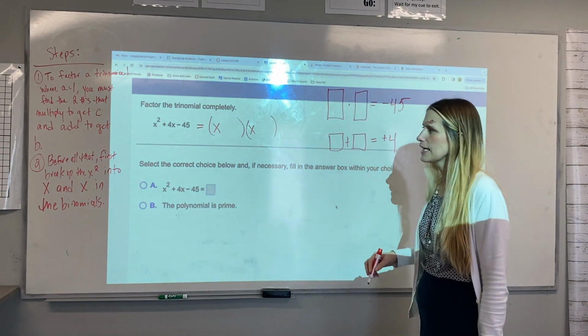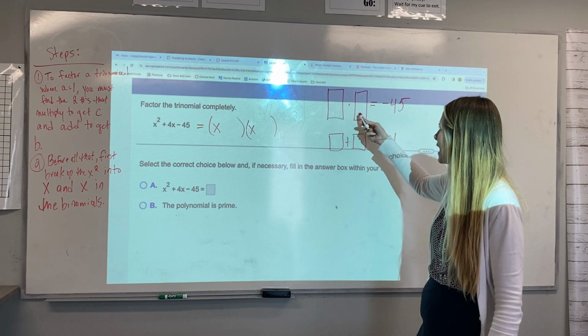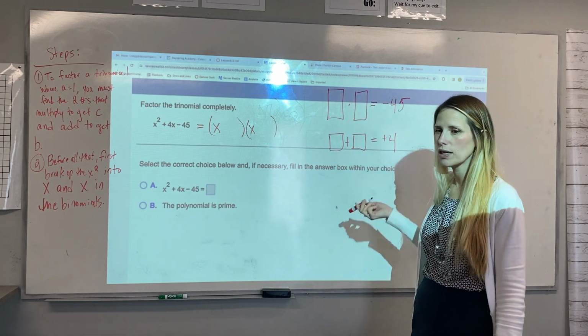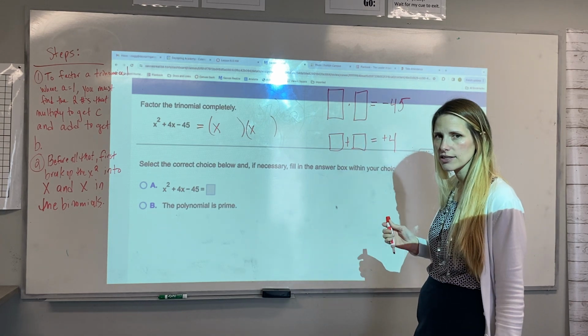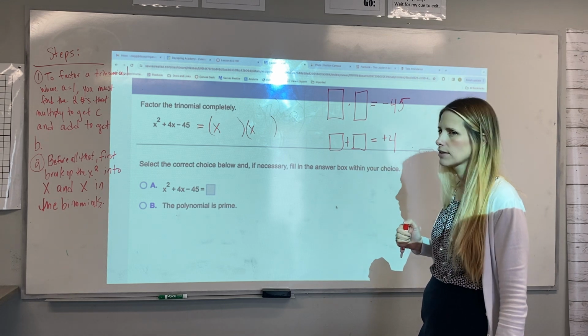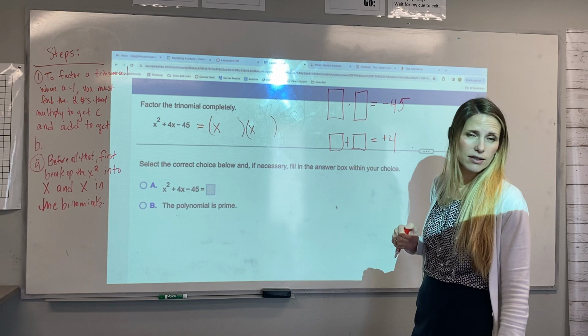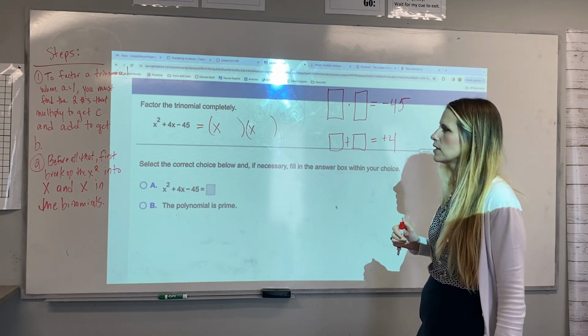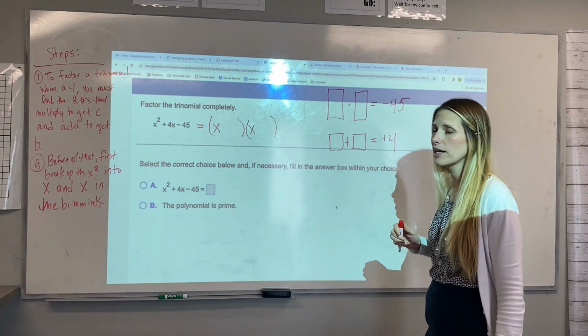Now, here we need to get a negative product. What does that mean about the factors? Nope. One negative and one positive.